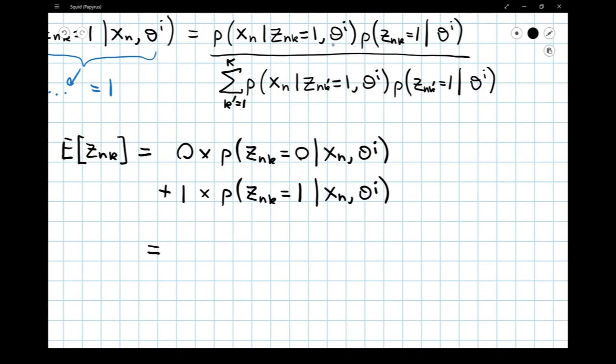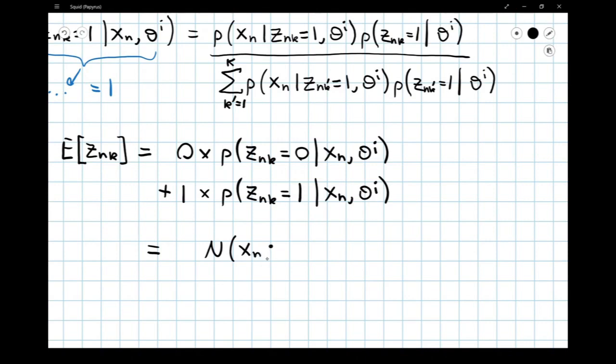okay, so that is a normal distribution where xn is the random variable and it's our kth Gaussian, and all the parameters in it will be fixed to our current best estimate, which is marked with a superscript I. So that means that the thing at the top is a normal distribution with the random variable xn.